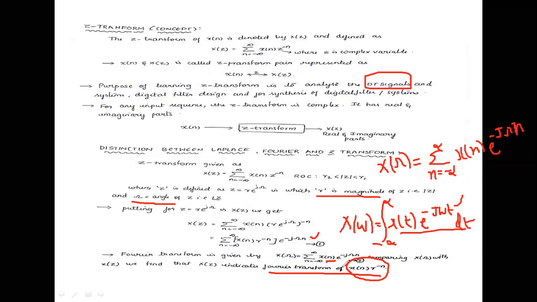Now comparing these two equations, X(z) indicates the Fourier transform of x(n) r^(-n). It is a relation between the Fourier transformation and the z transform. And we already have a relation between the Fourier transform and the Laplace transform also.